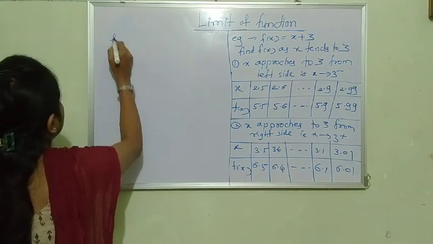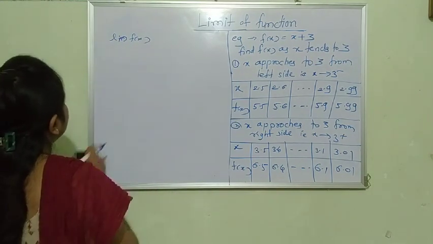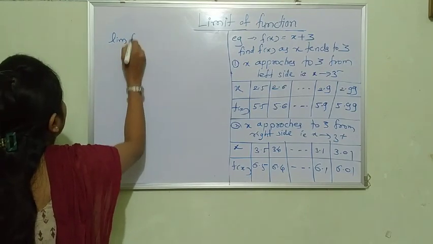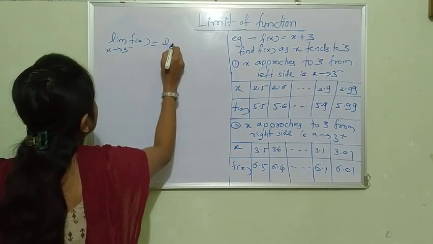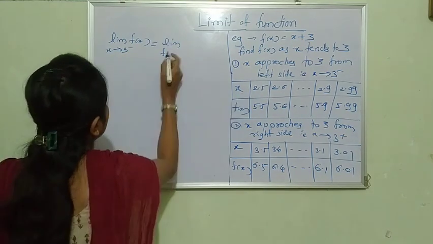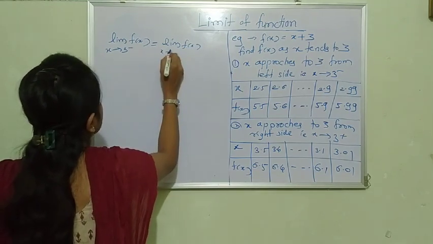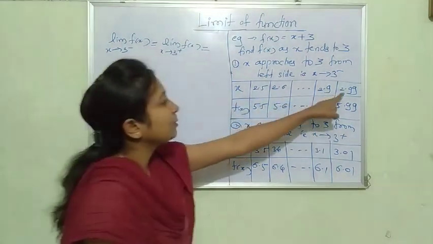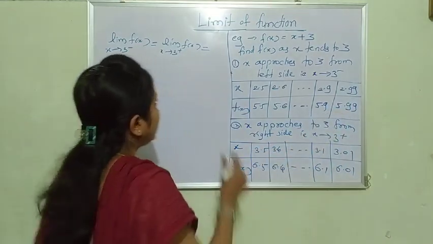That is, we can write the limit of f of x as x tends to 3 minus, means this table, and the limit of f of x as x tends to 3 plus. What is the value we obtain for f of x? It is 6.